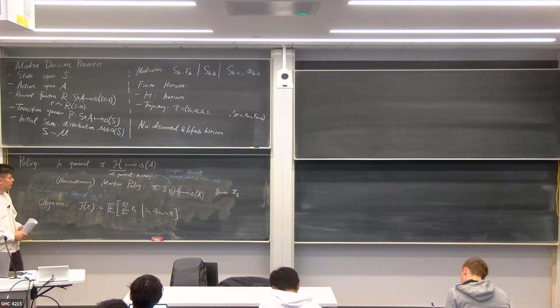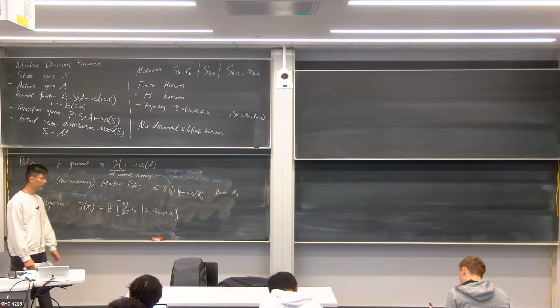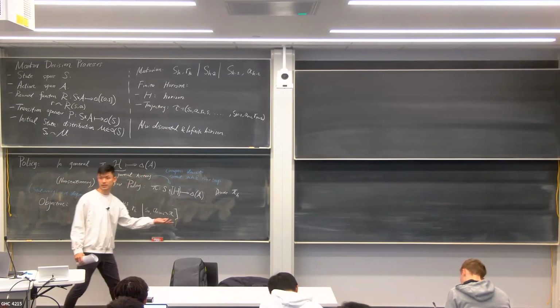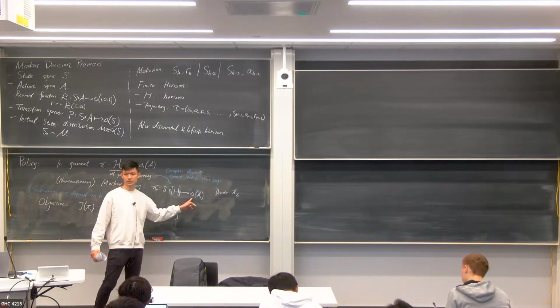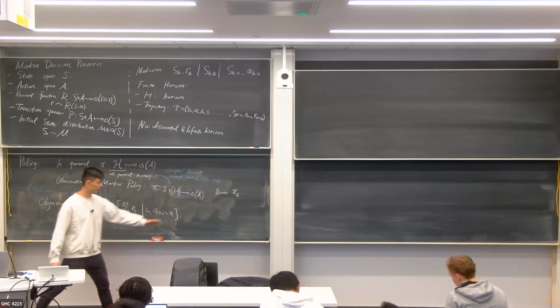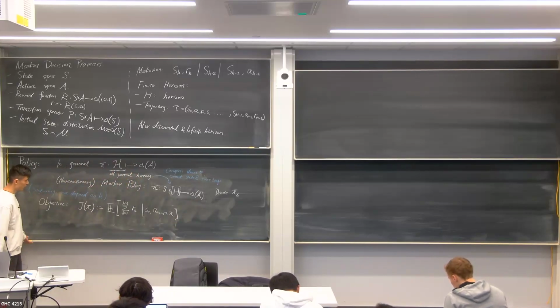Suppose I tell you just search around, find the best policy among Markov policies, and even better, let's only think about deterministic policies, meaning putting all of the probability onto one action.